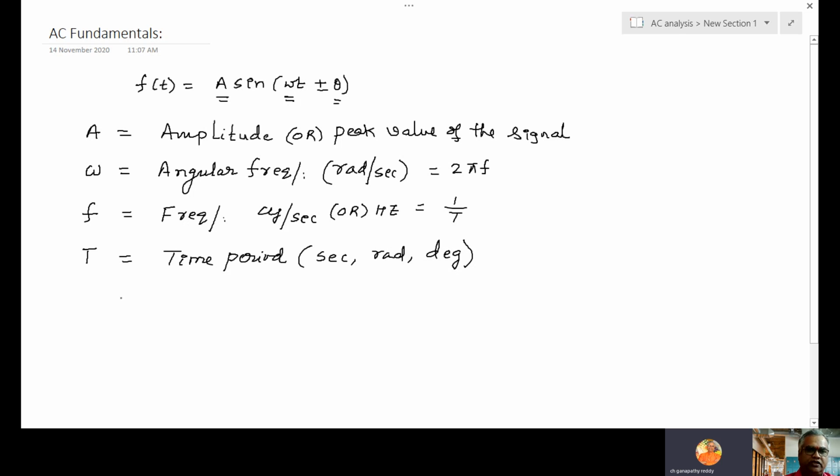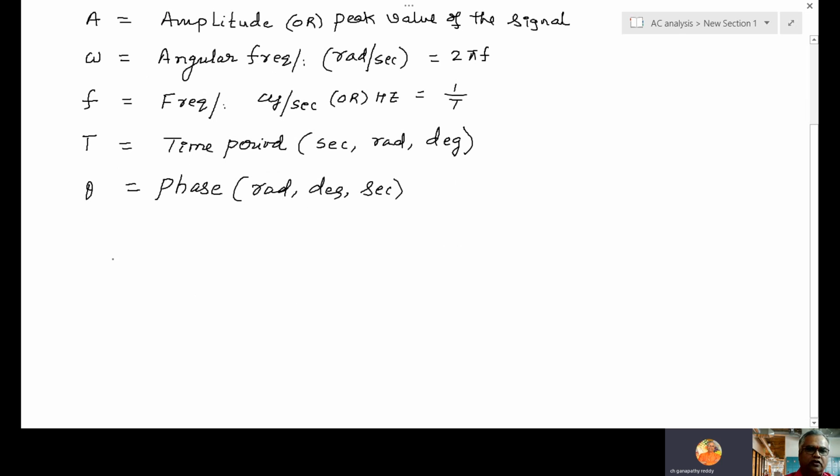Then theta is the phase. The phase is measured again in radians or degrees or even in seconds. If it is plus theta, it is leading.